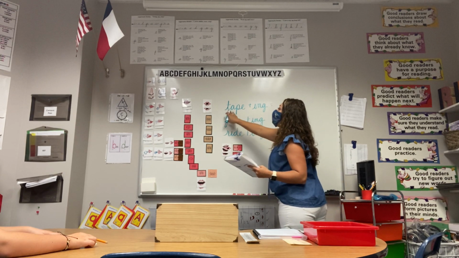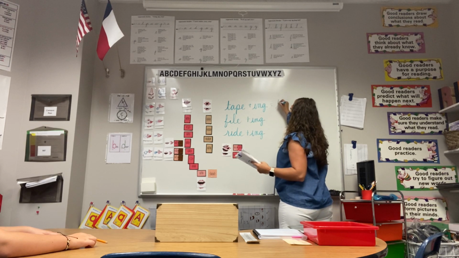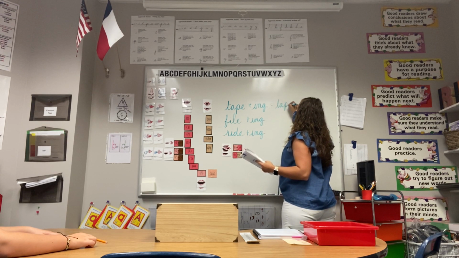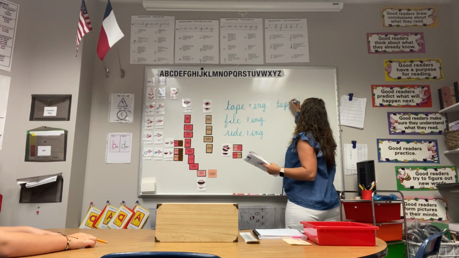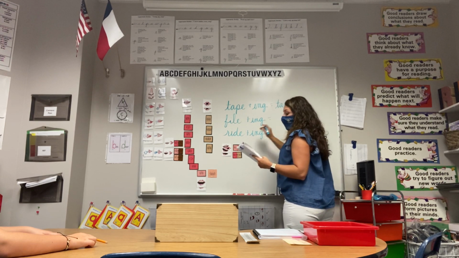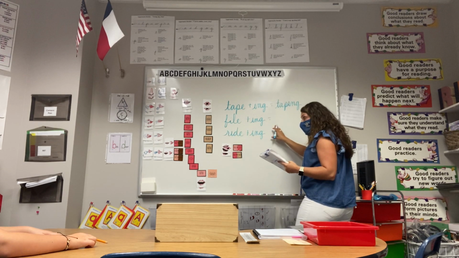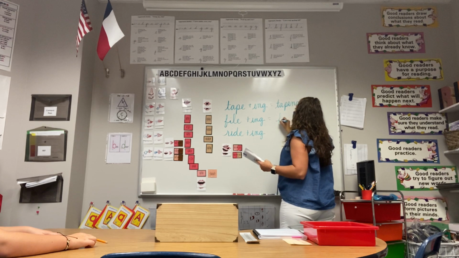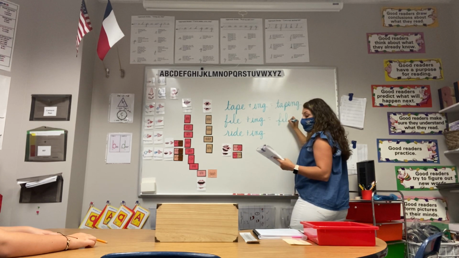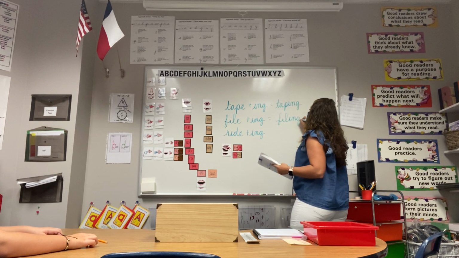My base word is T-A-P-E, so I drop the silent E, T-A-P, and add our vowel suffix, I-N-G. Good. And here, if my base word is F-I-L-E, I drop the silent E, F-I-L, and attach my vowel suffix, I-N-G.